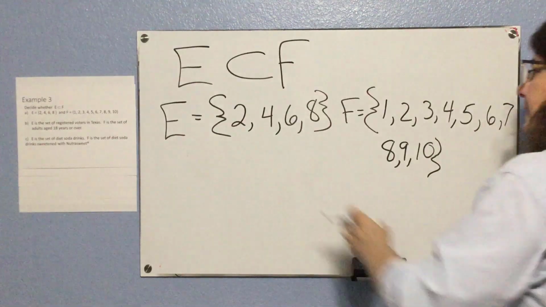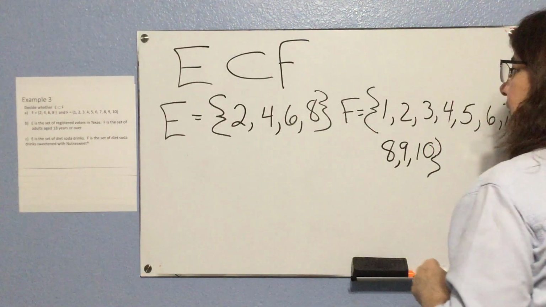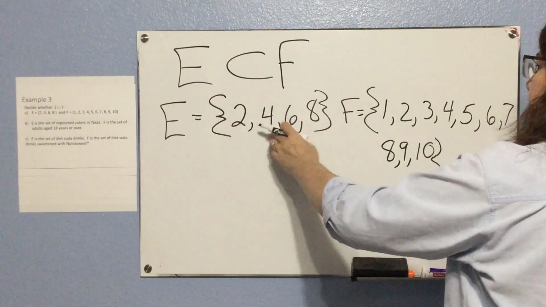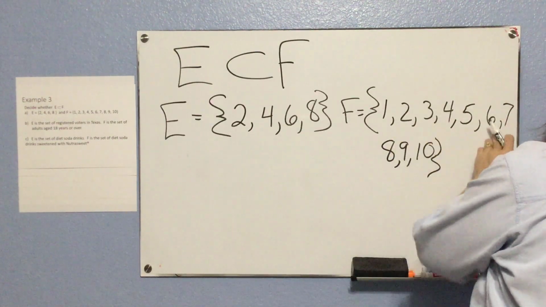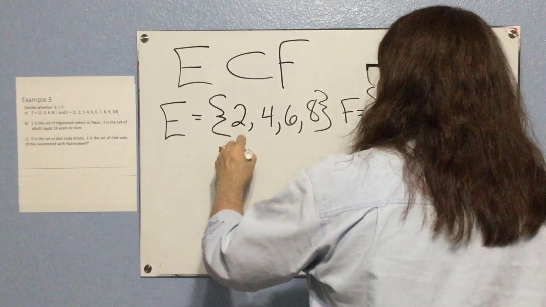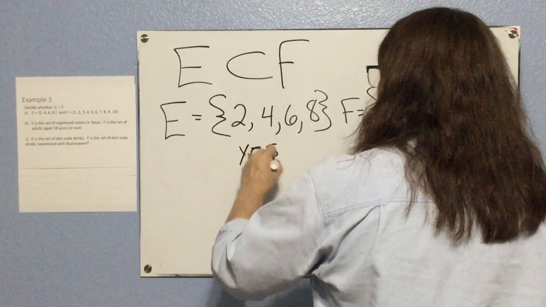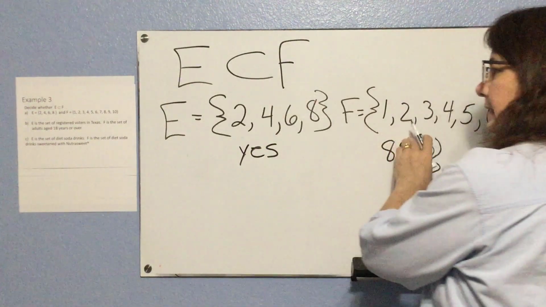Would it be correct to say that E is a subset of F? Well, 2, 4, 6, and 8 are all in here. So this is a yes. This E is a subset of this F.